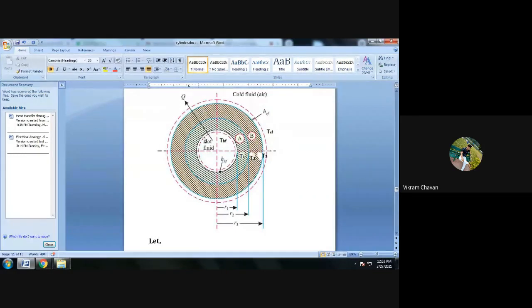How much area is available for heat transfer from the hot fluid to the internal surface of the cylinder? R1 is the internal radius of cylinder A, so the area available is 2 pi R1 L.